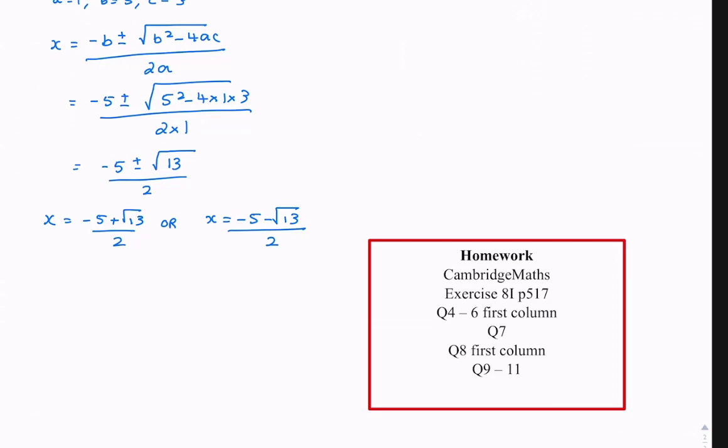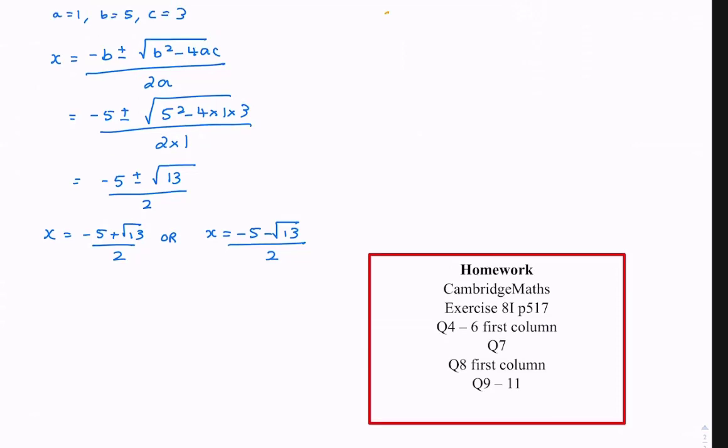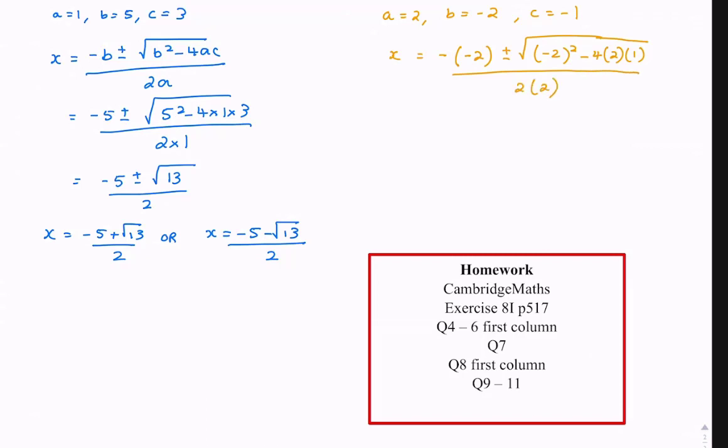do part B. So looking at part B, A equals 2, B equals -2, and C equals -1. So be careful with those negatives. So X equals minus -2 plus or minus the square root of -2 squared minus 4 times 2 times -1, over 2 times 2.